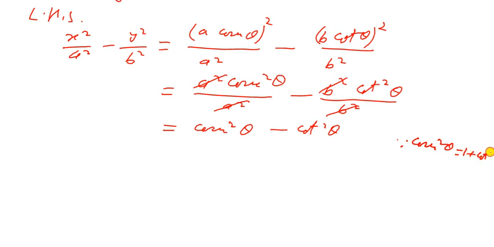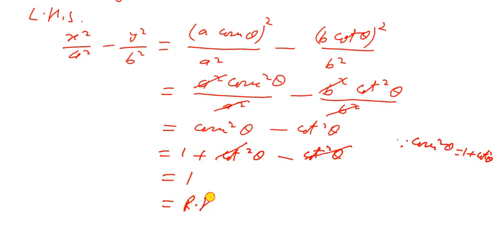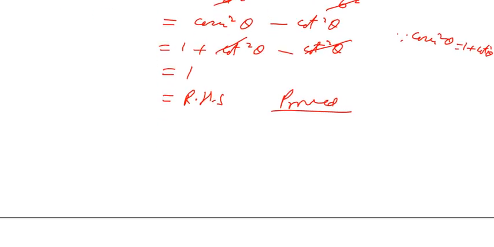As you know, the formula is cosec square theta is equal to 1 plus cot square theta. So you can put here 1 plus cot square theta minus cot square theta. This cot square theta and cot square theta will be cancelled out. We get 1, and that is the right hand side of the question, and hence proved.